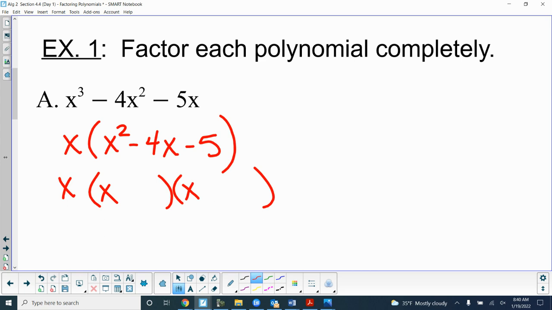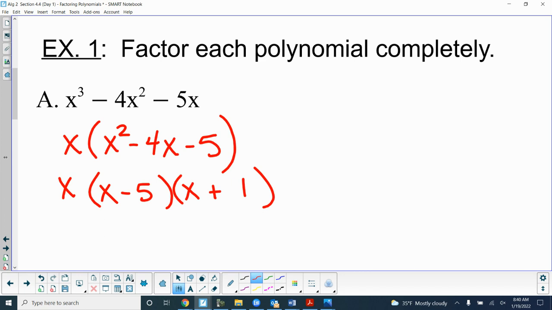What would those be? Negative 5 and positive 1. Any questions on that? That's a pretty easy one, isn't it? It's factored completely. That's it.